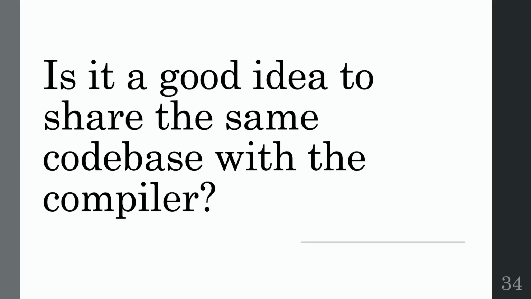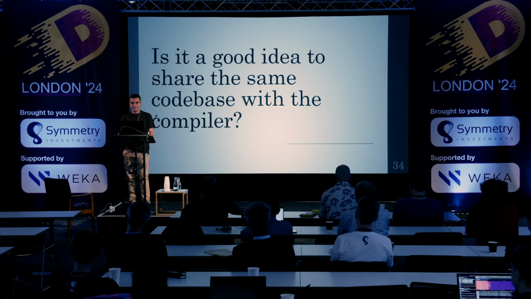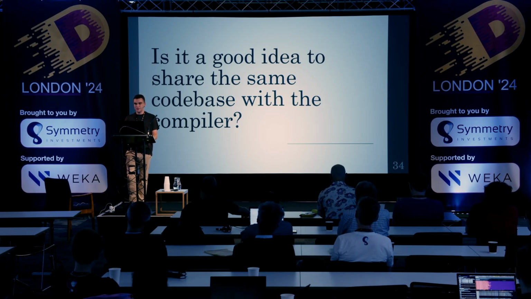Now, I'd like to end this presentation with an open question, whether or not it is a good idea to share the same code base with the compiler, because from the perspective of a library user, you just want to get the most out of that library, and at the same time, get long-term stability, so little updates or updates that don't break your code. But if we look at it from the perspective of a library and compiler developer, you don't want to have to maintain many features that your users come up with.